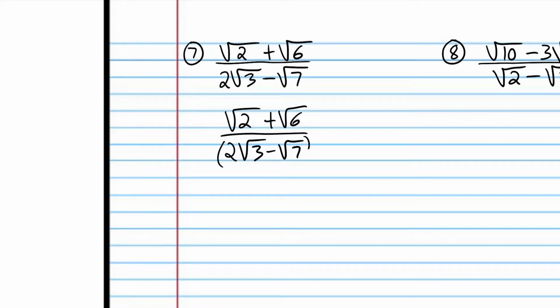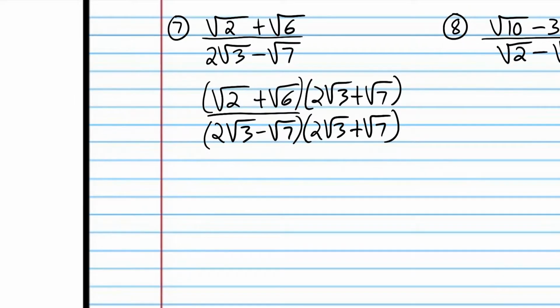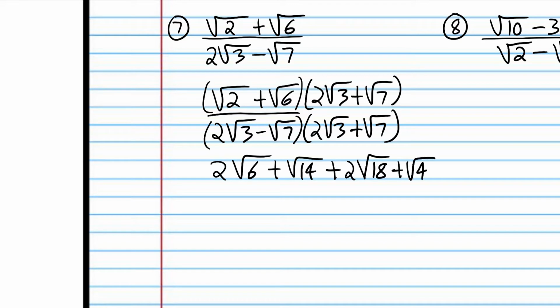So we're going to multiply both sides. The denominator decides everything. So it's plus root 7. And so we're going to FOIL the top. We get 2 root 6 plus root 14 plus 2 root 18, and we have a perfect square in that 18. We're going to have to deal with that, plus root 42.